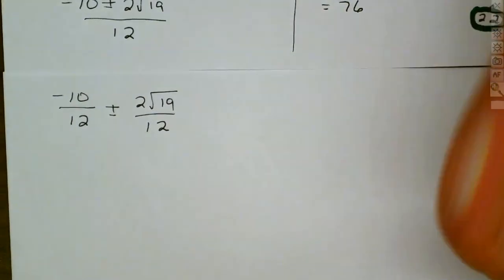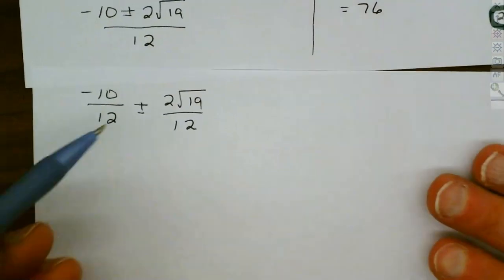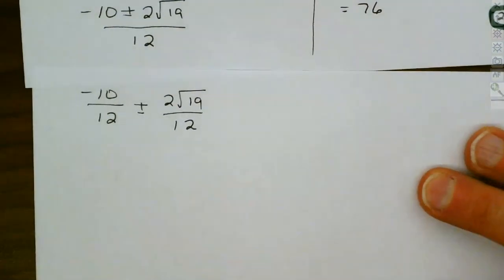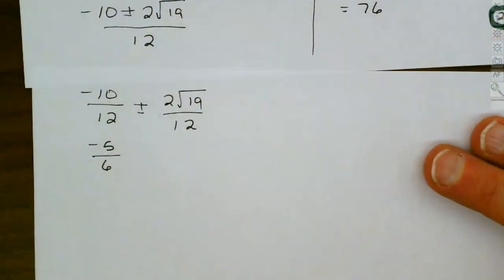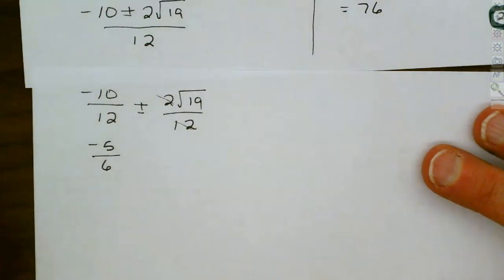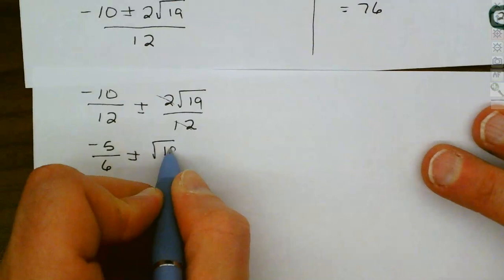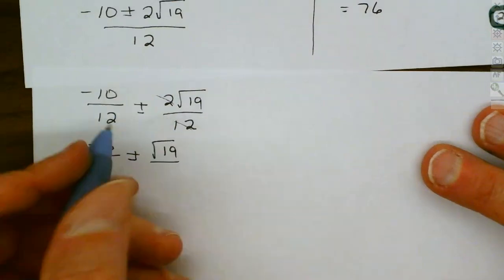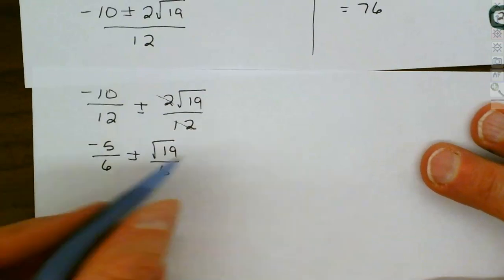Now, once you see that it's been split up, what can I reduce? 10 over 12, what does that reduce down into? Minus 5/6, right? What about the 12 and the 2 here? That can reduce down, and that gives you 19 square root of 19 over what? 6. Are these denominators the same?